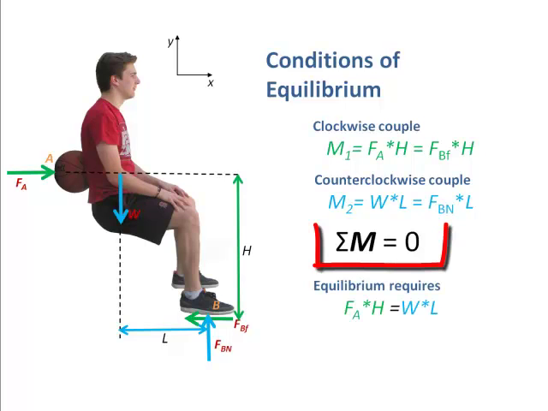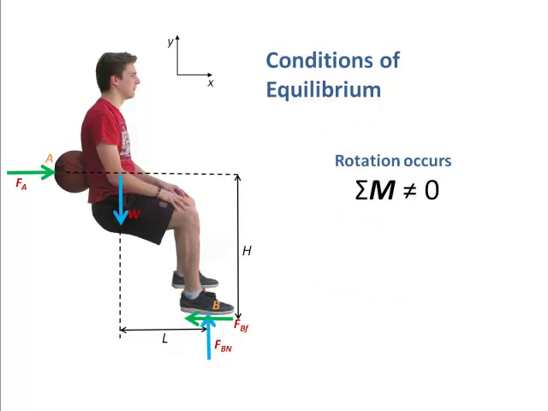The equilibrium condition states that the sum of all moments acting on the system must be zero. In other words, the clockwise moment must balance the counterclockwise moment. This tells us that F sub A times h must equal W times L. If the moments don't sum to zero, rotation will occur.